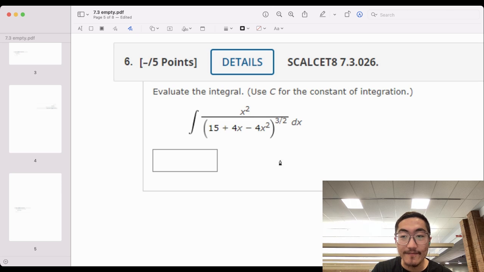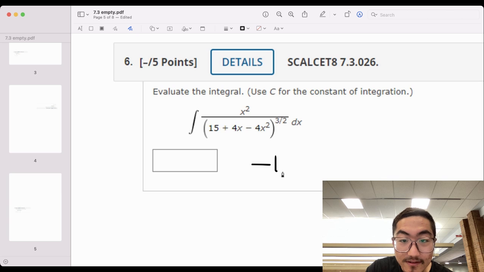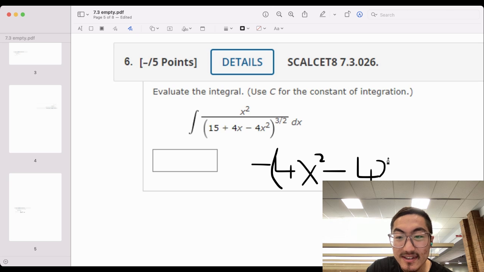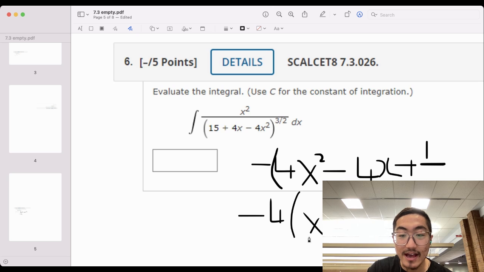Notice that we have negative 4x squared plus 4x. We put a negative sign here, negative 4x squared minus 4x, then plus one half. We factor negative 4 out, so it's going to be negative 4 times x squared minus x plus 1 fourth.